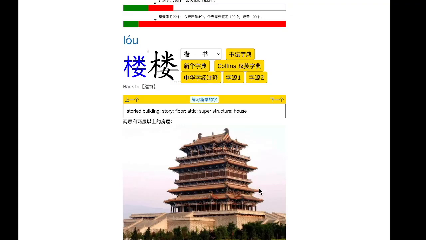It's not as regular and rectangular. So originally there was a difference, but as time went on, the 2 words became interchangeable and collectively refer to all of these multi-story buildings as Lou ge.